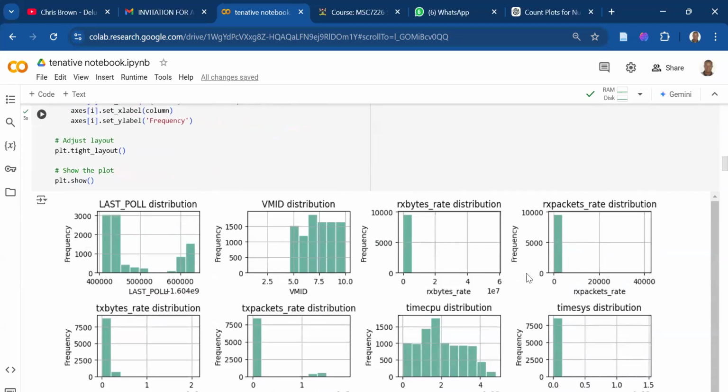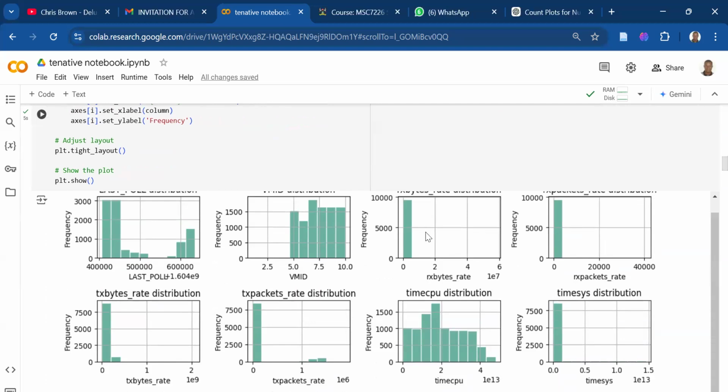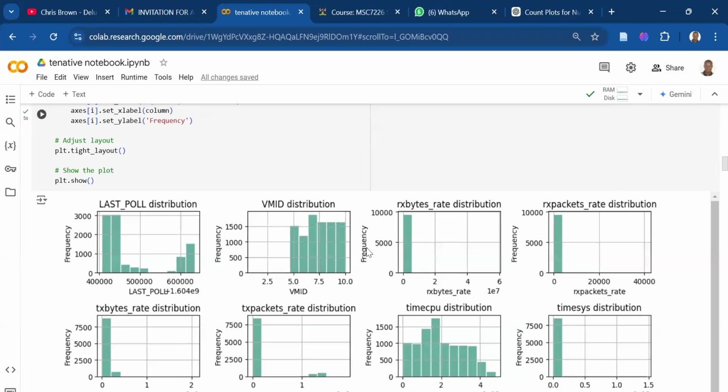So this is the histogram, the distribution, the univariate data analysis, the EDA. For example, from this histogram, there is a lesser number of VM instances with VM IDs between 0 and 5, and then the number of instances keeps on increasing as the number of VM IDs increases.